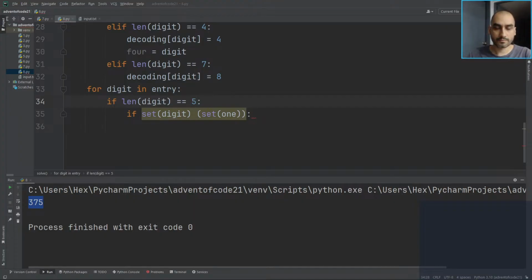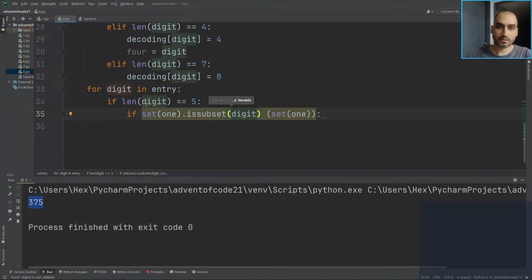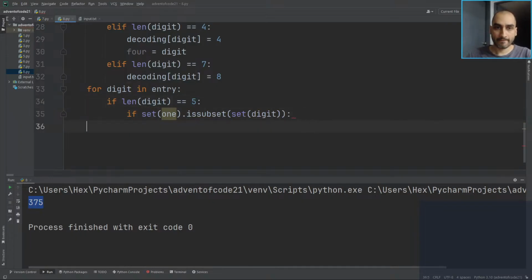Set.issubset. So if set1 dot is subset of set digit, then decoding digit equals 3.